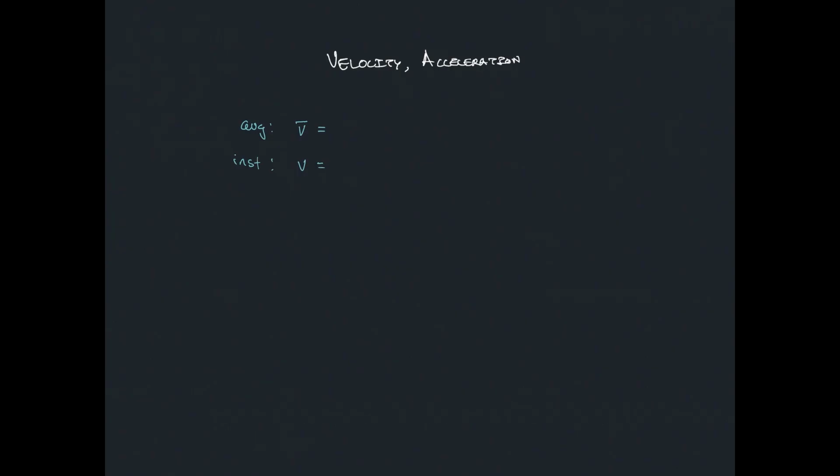Now, average velocity is defined as the final position minus the initial position over the final time minus the initial time. And you'll notice that that's literally the displacement over the total time elapsed, or the time interval that the object is moving in.